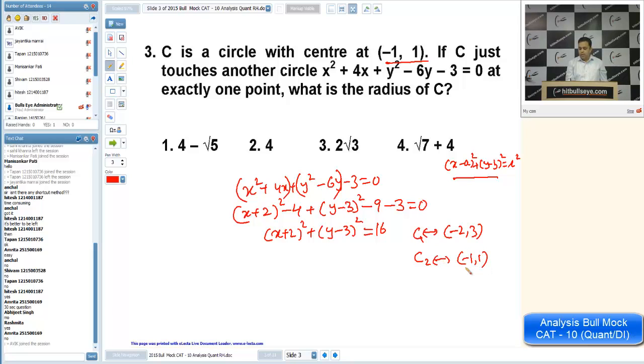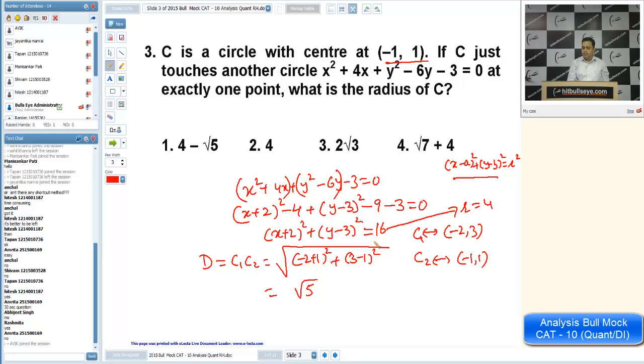Now we will find the distance between the two centers. The distance C1 C2 will be equal to, using the distance formula, minus 2 minus 1 whole square plus 3 minus 1 whole square. Now it will become root 5. Whereas the radius of this given circle is equal to 4. Why 4?